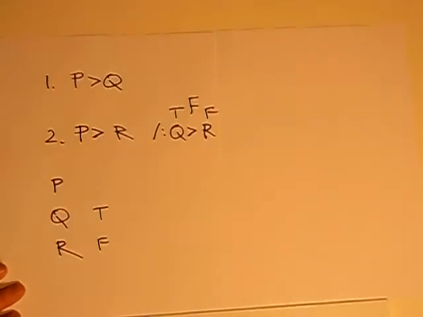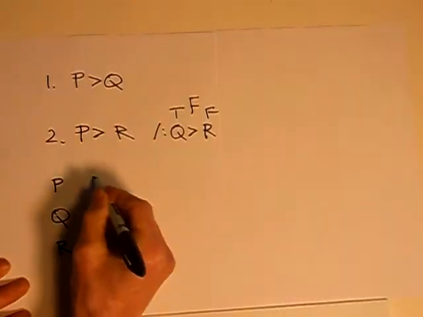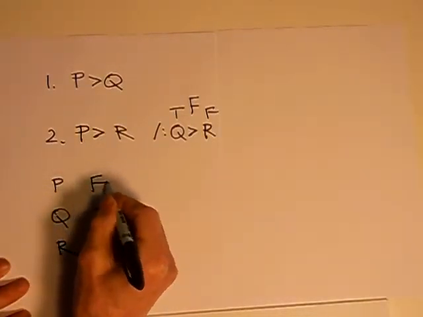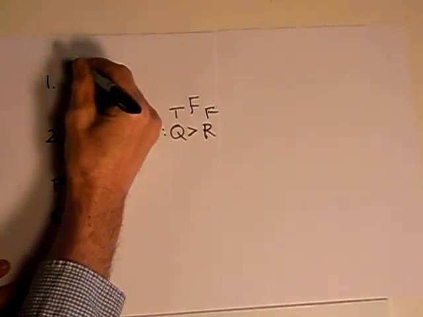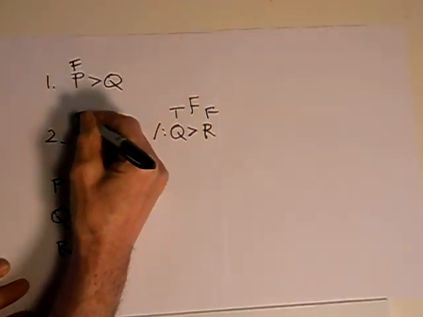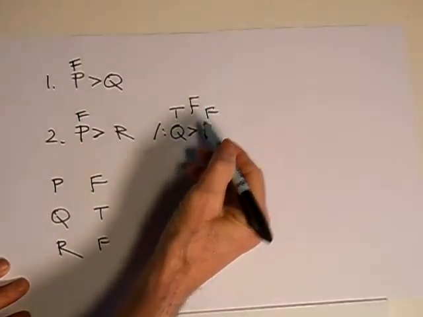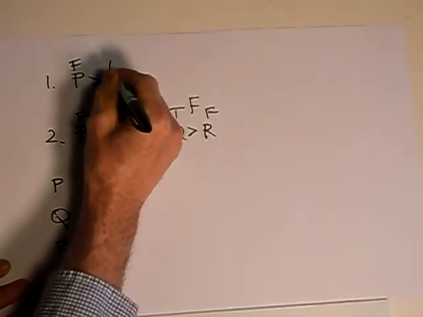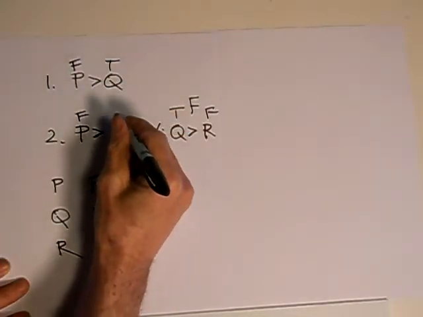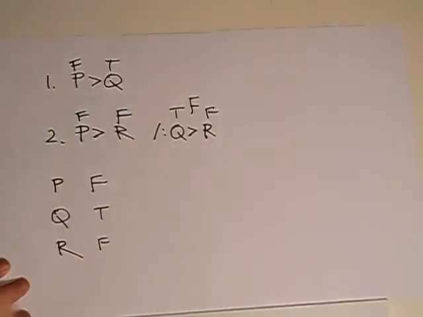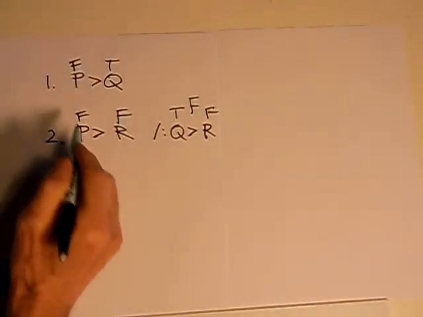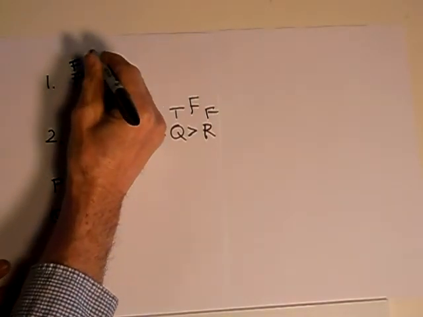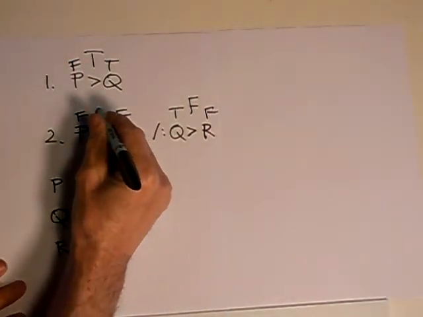And since both premises begin with P as their antecedent, if we make P false, and continuing or carrying the assignments for Q and R into the premises, on those values, the first premise is true, as is the second.